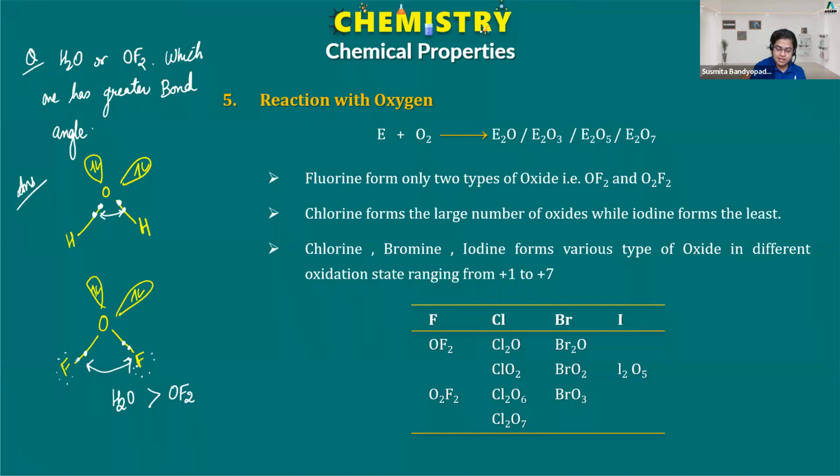Because there are two lone pairs in both, lone pair repulsion is same in the first case also, second case also. But here the bond pair repulsions being more in the first case, water should have greater bond angle than OF2. Fine.